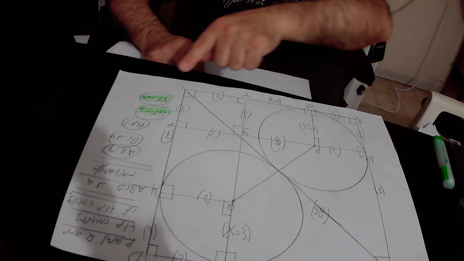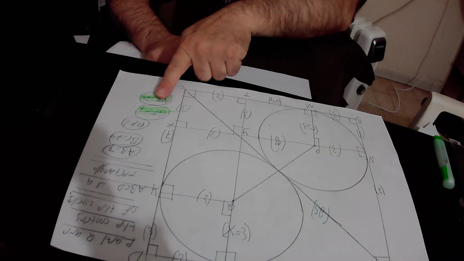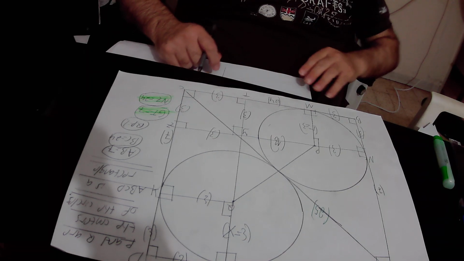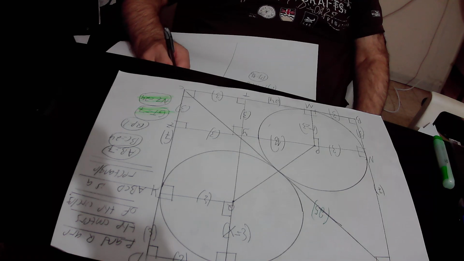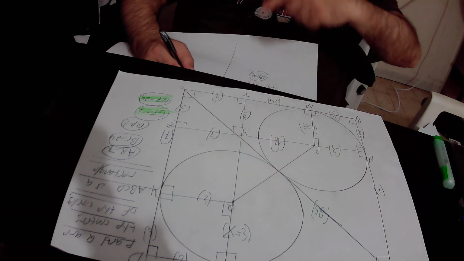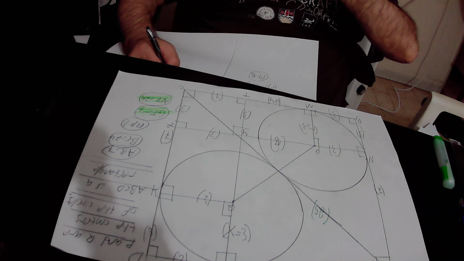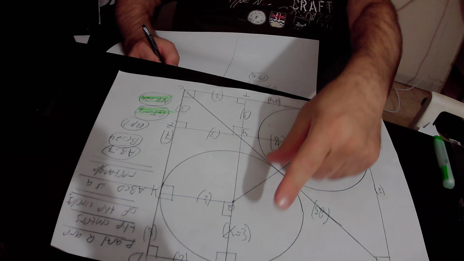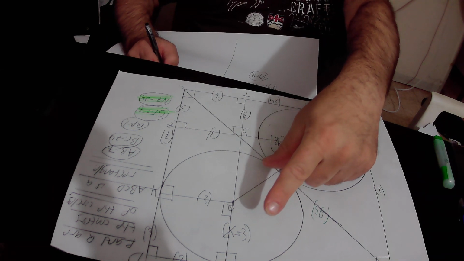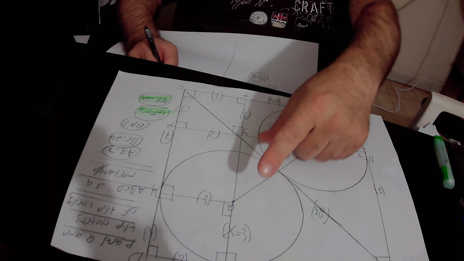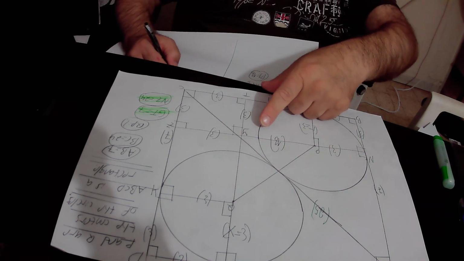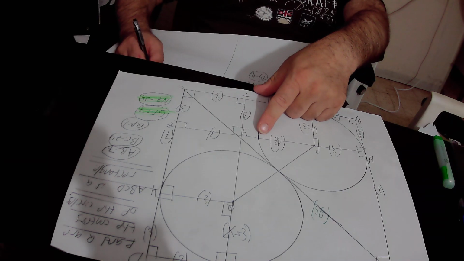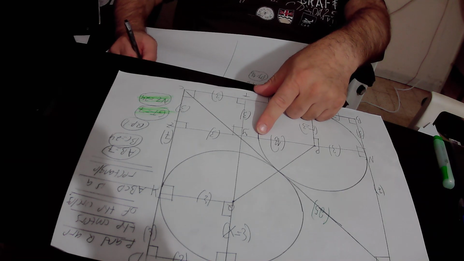We already found out that GT equals 7 units. So GT, that is 7, minus GQ, that is the radius, equal to 3 units, minus YT, that is also equal to 3 units.